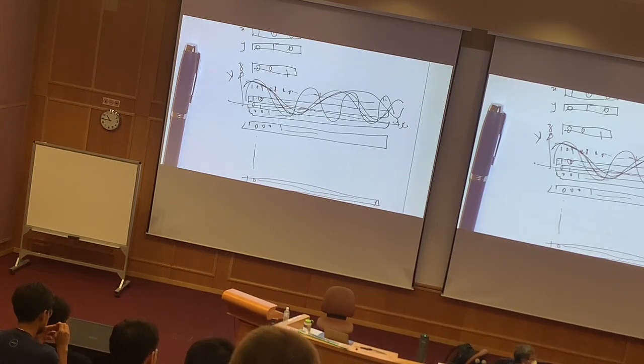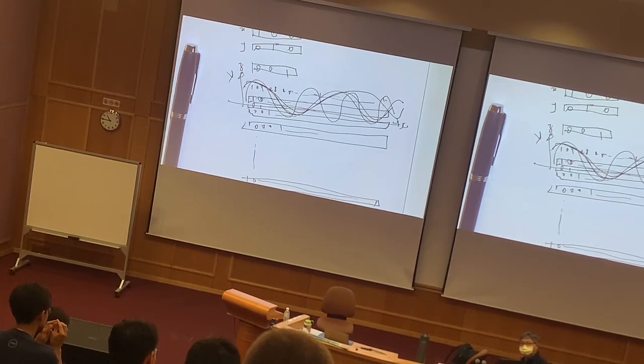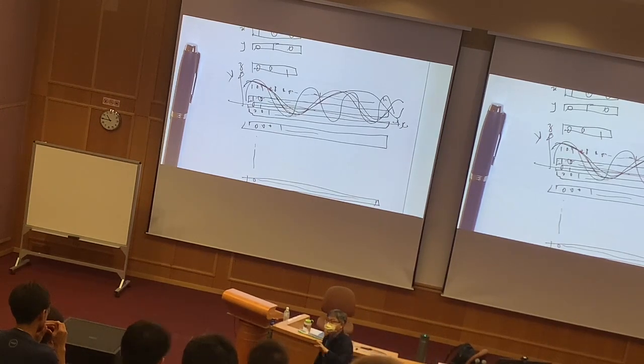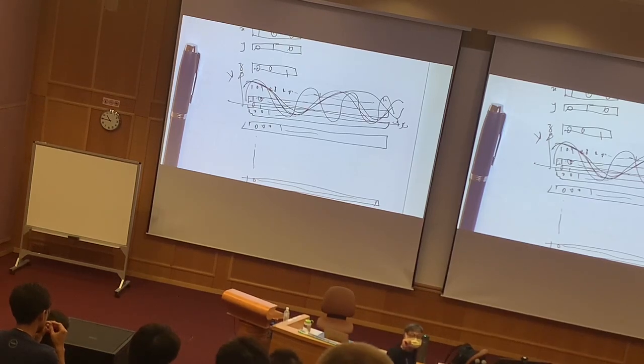Now, if I give you a signal and you dot product, and you get only the cosine 5 hertz giving you some value and the rest give you zero, what can you conclude about the signal? The signal is a cosine function.